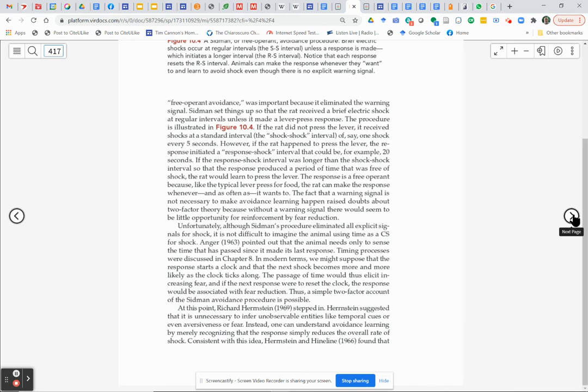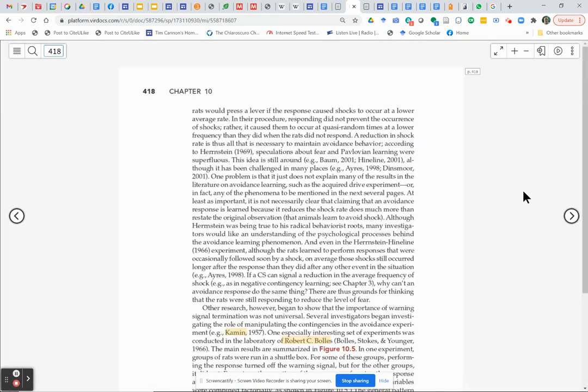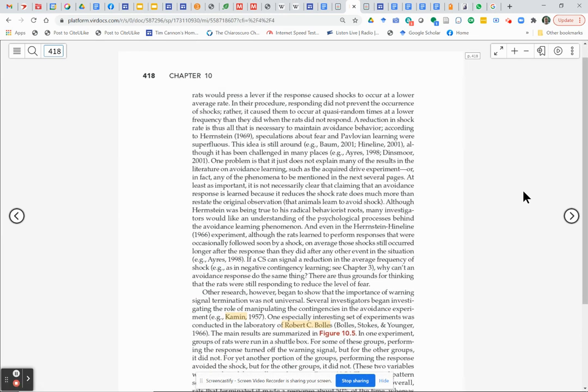Herrnstein, very, very important research. We've seen him before, and he's talking about responding reducing the rate of shock, and he has done some clever research.